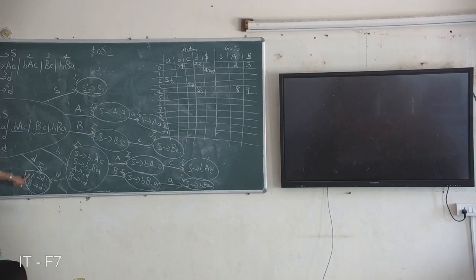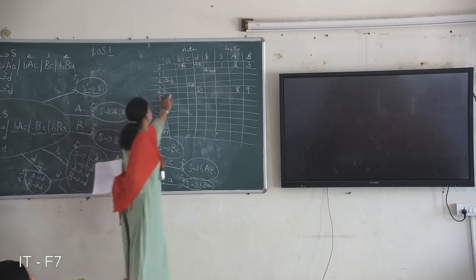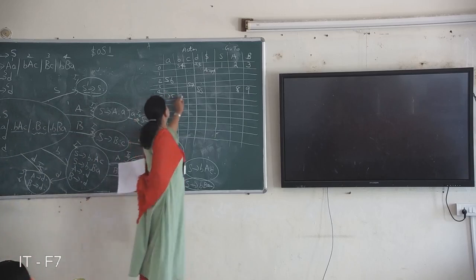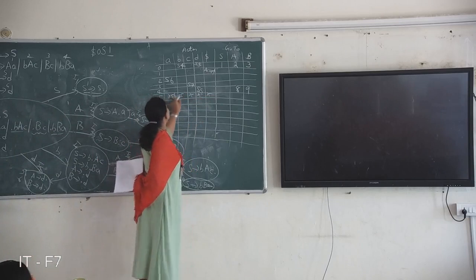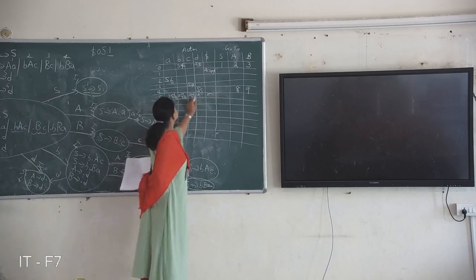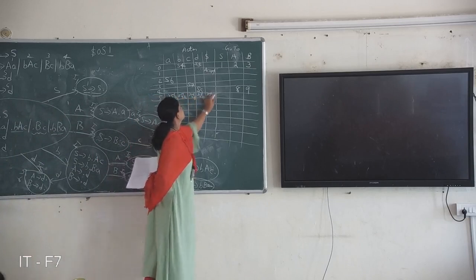Next I5. I5 contains final items, right? I5 contains 2 final items, and the production numbers are 5 and 6. So here you can reduce with R5 or also reduce with R6. So here you are getting a reduce conflict.